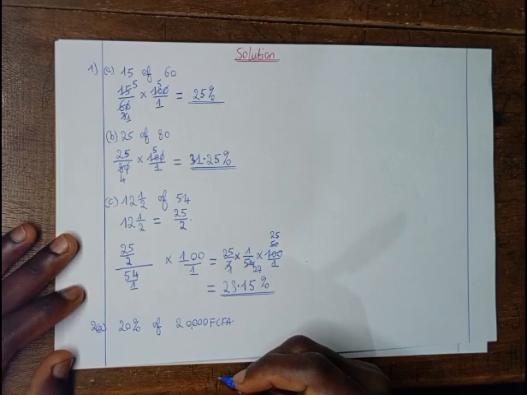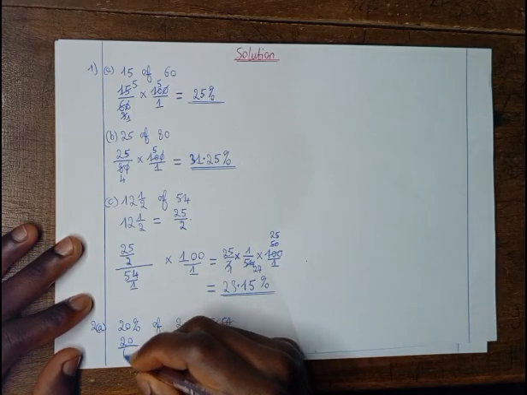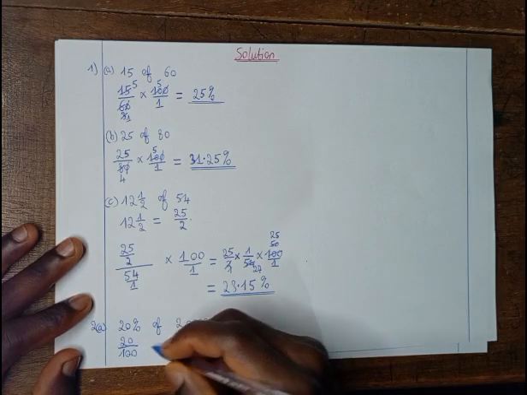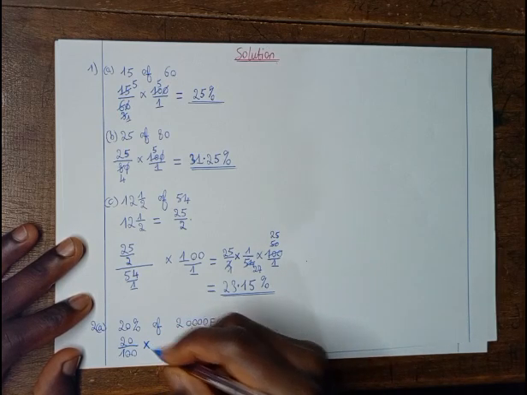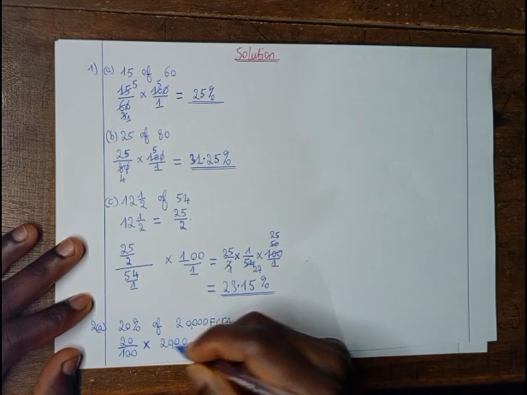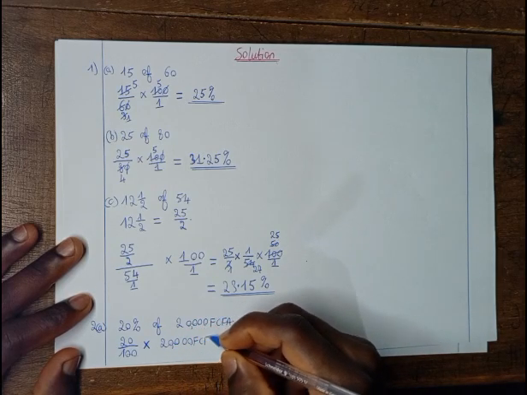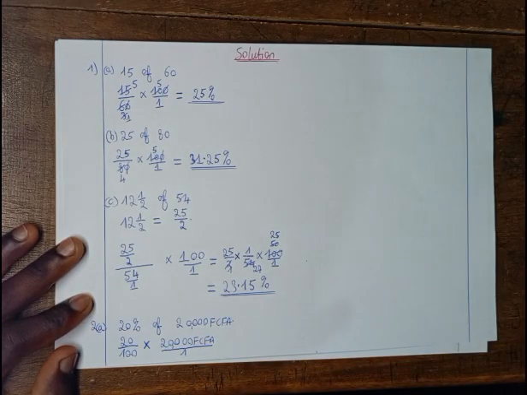First, for us to find this, we know 20% is simply 20 over 100 as a fraction. Then we are going to multiply it by the amount, which is 20,000 francs CFA over 1. Next thing, now we need to perform simplifications.